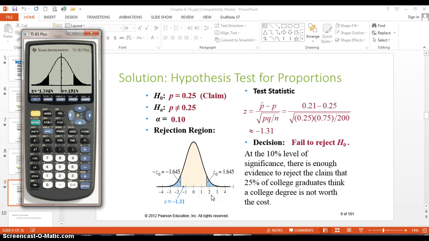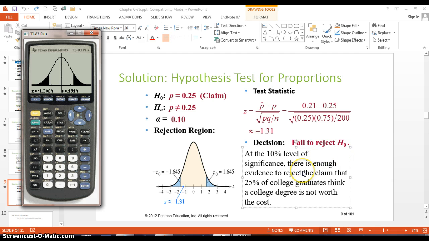So that's evidence that we don't reject the null hypothesis. But if we use the p-value approach, the p-value of 0.19 is way bigger than the alpha level of 0.1. So we can't reject the null hypothesis for that reason either. So any way we look at it, we have to fail to reject H0.